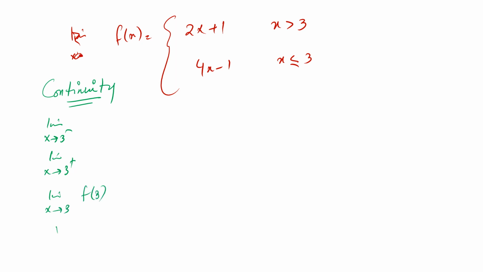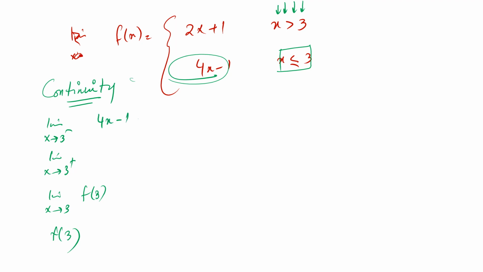So for the left side you can see I will take my below equation. The reason is that here x is less than 3. So not all the time is the less than equation written on the top and the right hand side equation at the bottom. You have to look very precisely at the conditions which are given. Left hand side means x is less than 3, which is 4x minus 1.